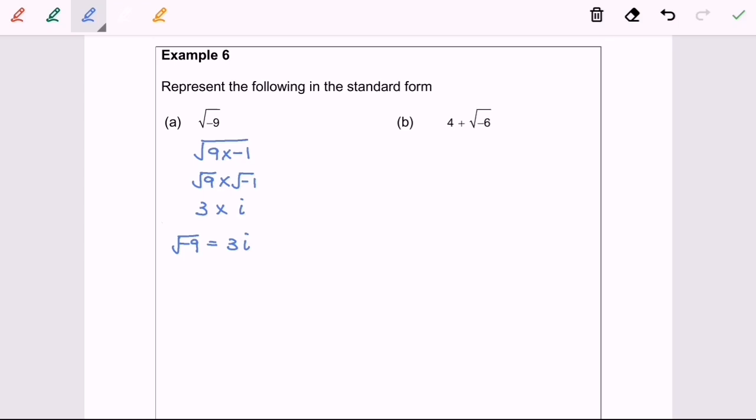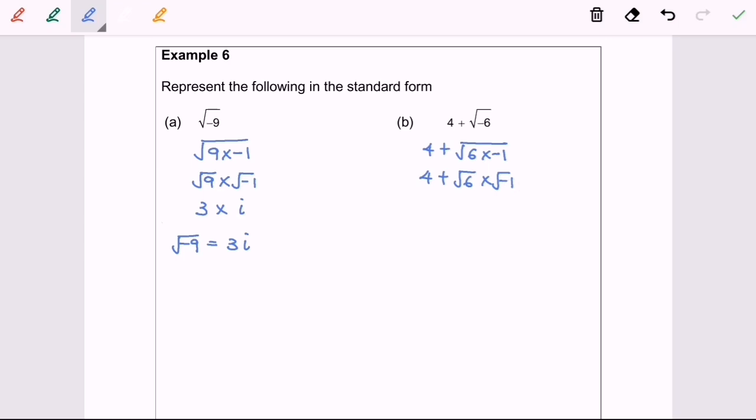So now let's refer to 6b. 4 plus the square root of negative 6. So 4 plus the square root of 6 multiplied with negative 1. We can use the properties to separate the square root of 6 multiplied with negative 1, which is 4 plus the square root of 6 multiplied with the square root of negative 1.